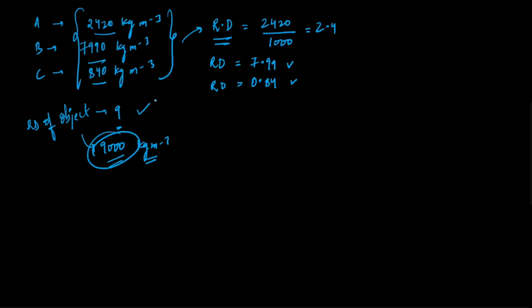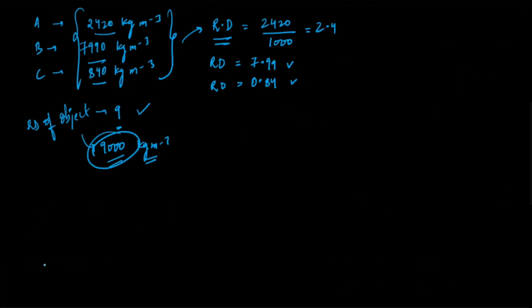So 1,000 times 9 is the density of object as per the definition. Relative density is just a number. It doesn't refer to which type of liquid our object is placed in. It is just a representation of the density of an object with reference to the density of water.